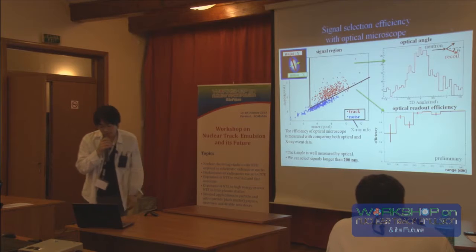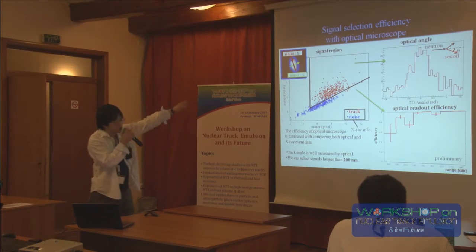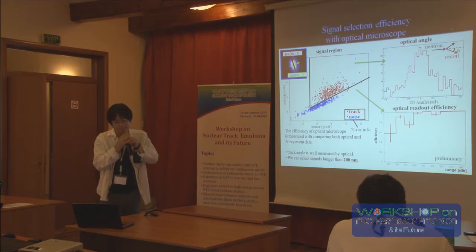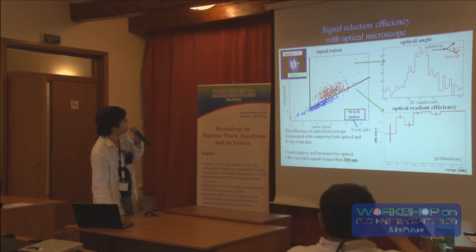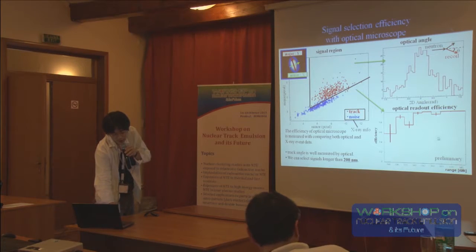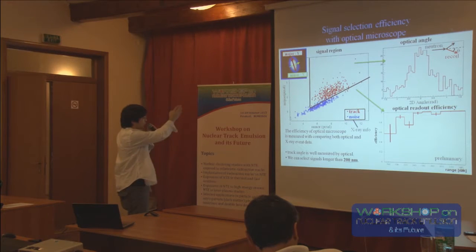The red signals indicate the incidence direction of the neutron, like this picture. And the bottom picture is the optical readout efficiency with this black cut line.